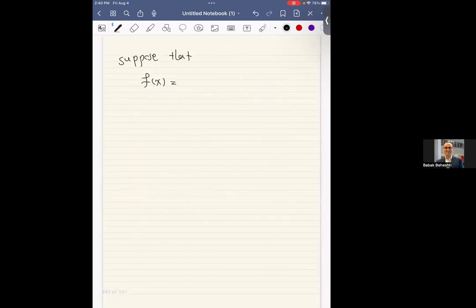So suppose that f of x equal to x cubed plus ax squared plus bx plus 8 has a factors of x minus 2 and x minus 1.